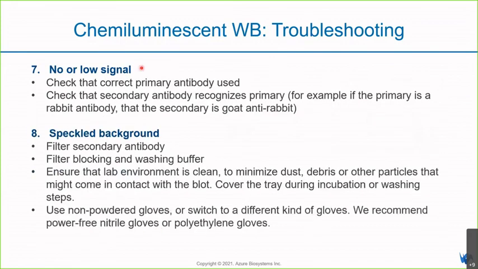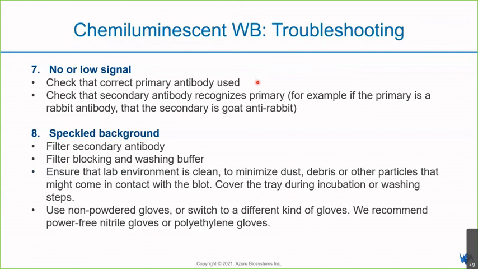Right. This is also another thing that we often see in amateur Western blotting users, where they don't see or they have low signals. Firstly, please check that you have the correct primary antibody used to detect your protein of interest and that the proteins exist over there.